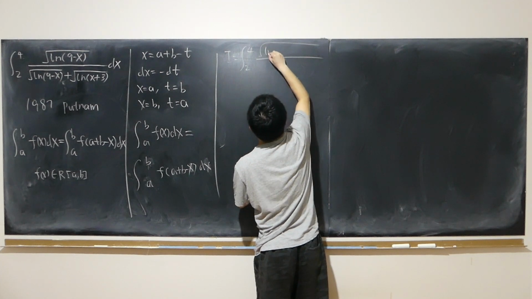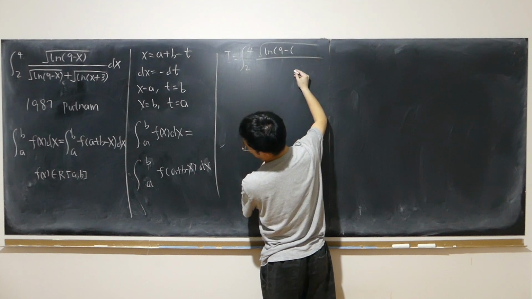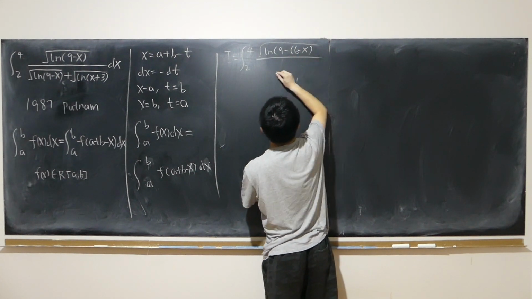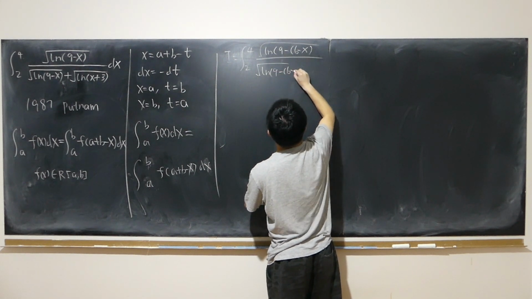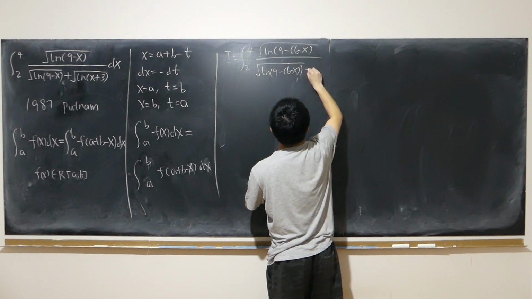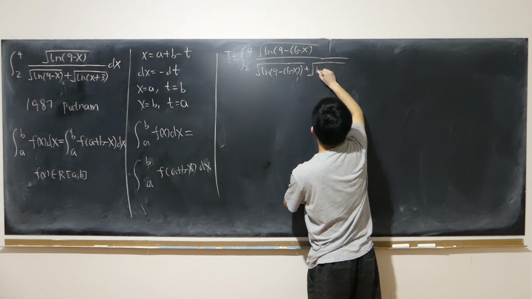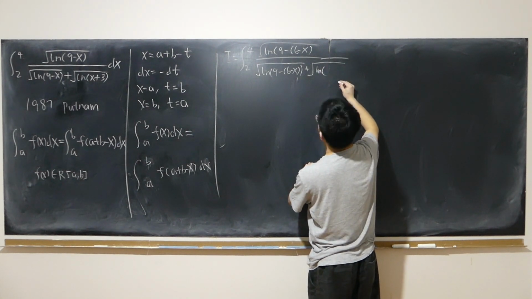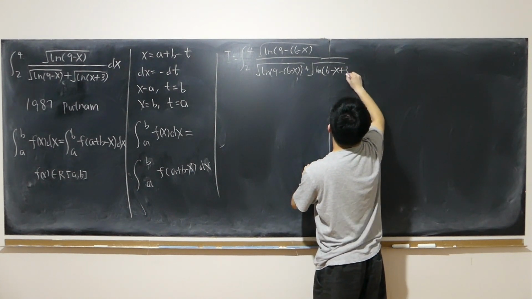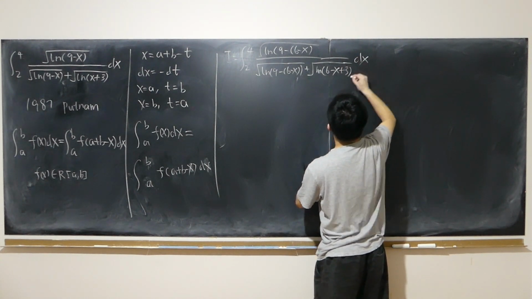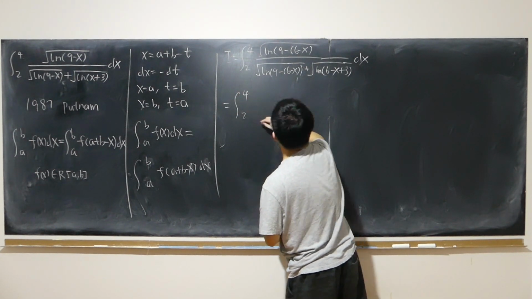The square root of log of 9 minus 6 minus x over square root of log of 9 minus 6 minus x, plus the other square root of log of x becomes 6 minus x plus 3, dx.